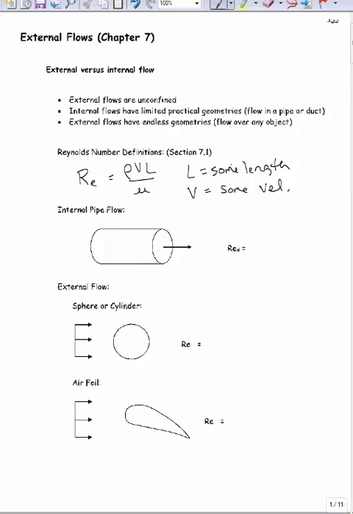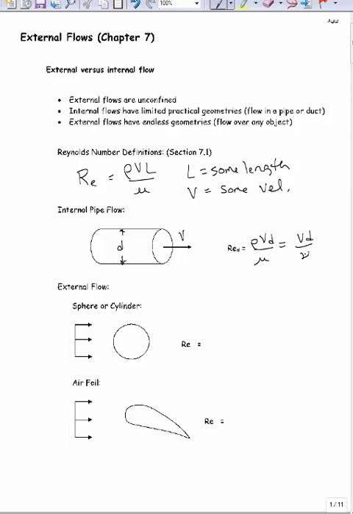So for instance, in a pipe, where you have a diameter, really anything round, usually you're going to use diameter as your length. So Re, and we use the subscript a lot of times to talk about what length scale we're going to use, Re_D is rho V D over mu, or V D over nu.